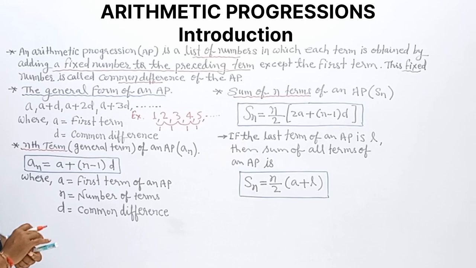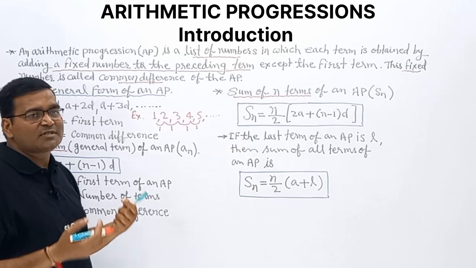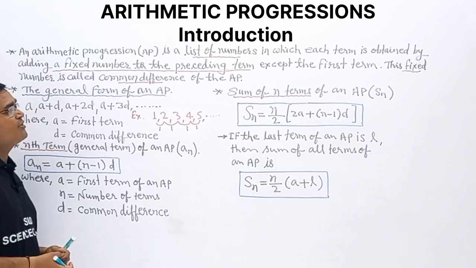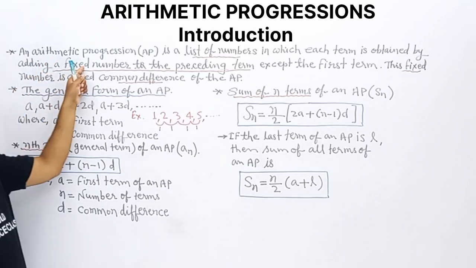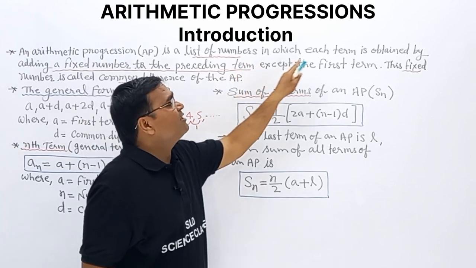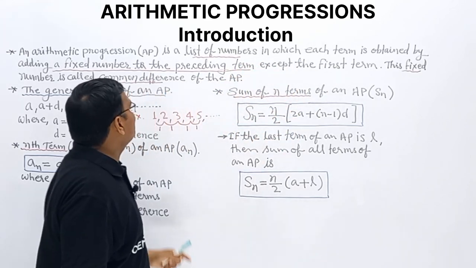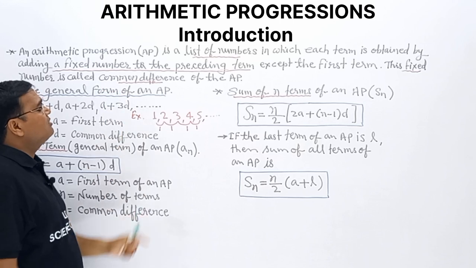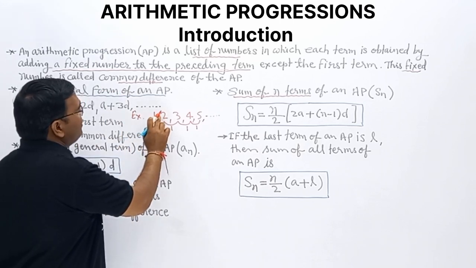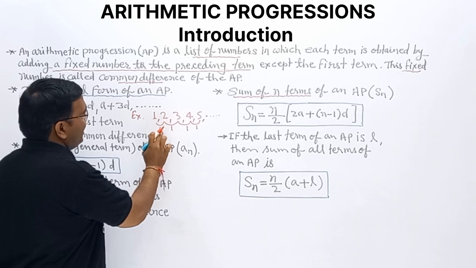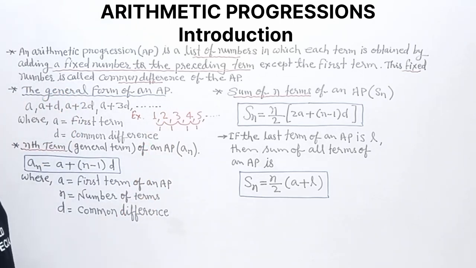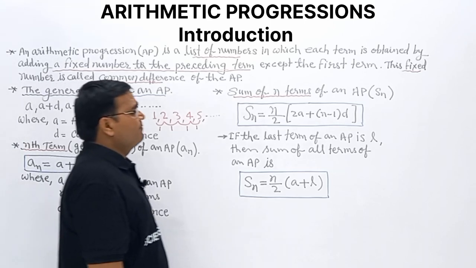So an AP is a list of numbers or a sequence that we obtain by adding a fixed number to the preceding term except the first term, and this fixed number, here 1, is called the common difference. Clear?